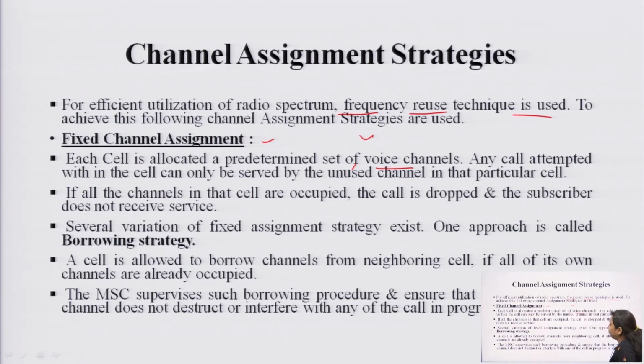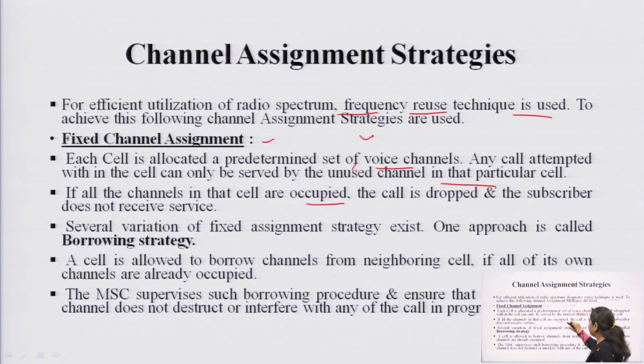Then any call attempted within the cell can only be served by an unused channel in that particular cell. So, let us say I have allocated a fixed set of frequencies, and if another call is raised, it will access whatever channel is not in use; it is not going to borrow a channel if an extra requirement is there.